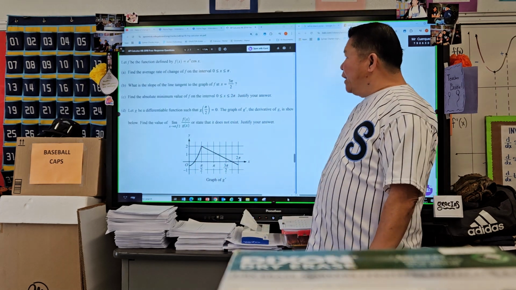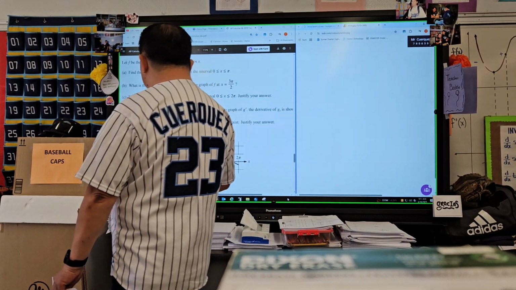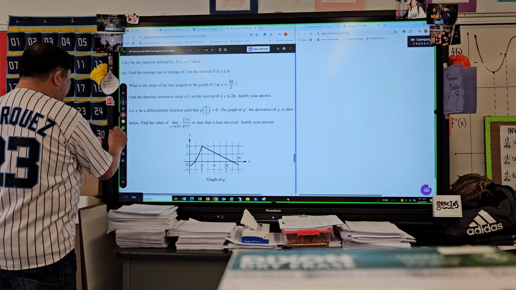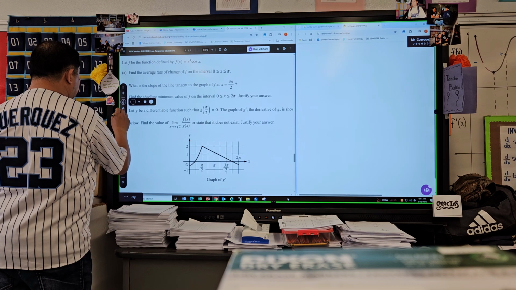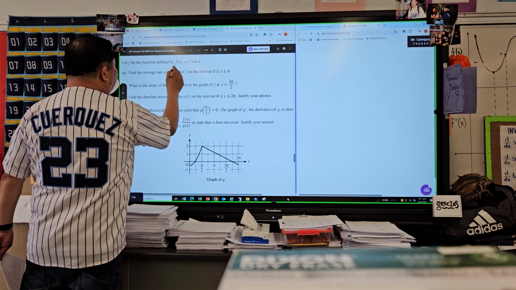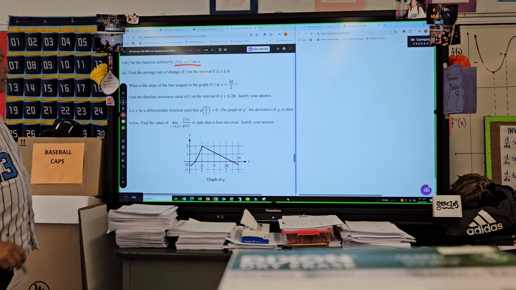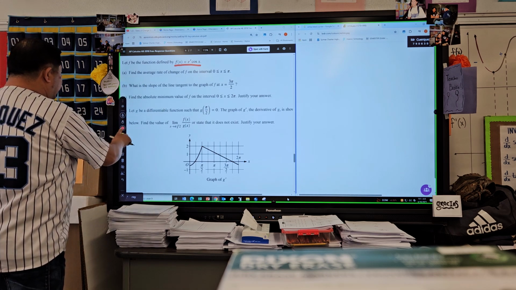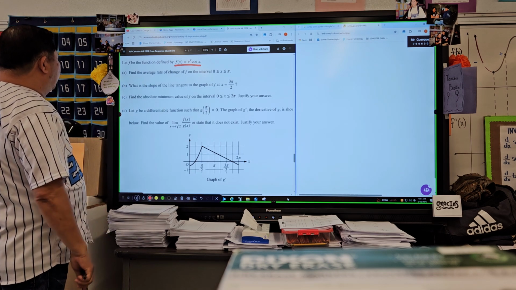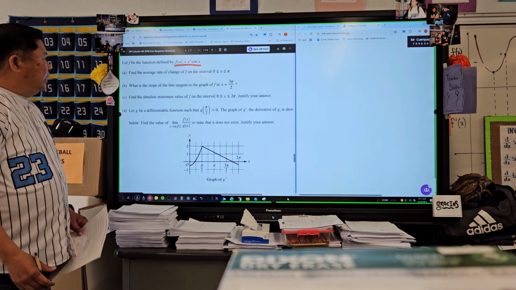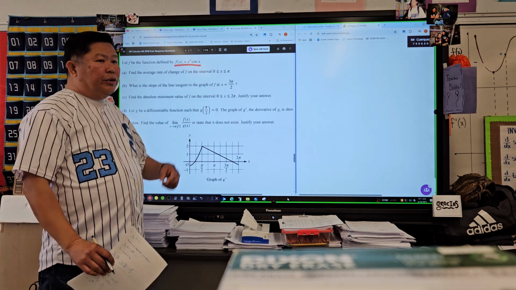The problem says let f be the function defined by f of x is equal to e to the power of x cosine x. And then we have question A. Find the average rate of change of f on the interval from 0 to pi.